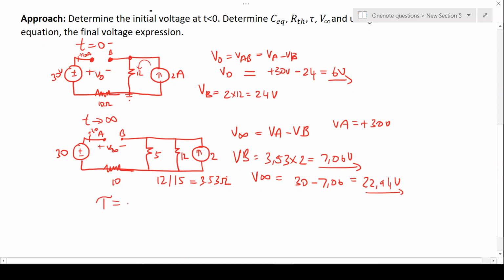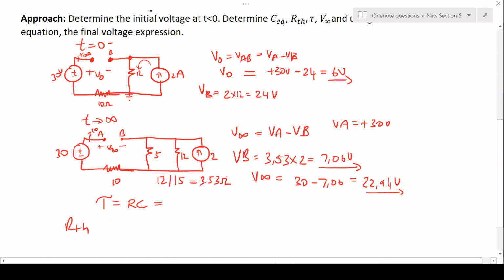All right, when t is greater than 0, we know that the time constant is going to be given by RC. What will the equivalent resistance be when t is greater than 0? So this is the diagram when t is greater than 0. And we need to deactivate your sources.